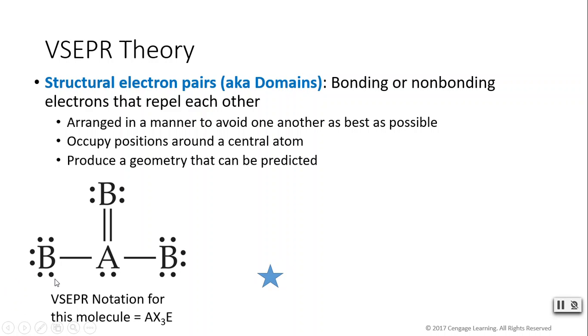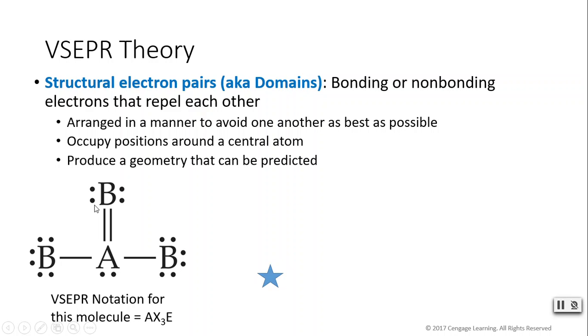So from a particular Lewis dot structure, if we know the number of bonding and non-bonding domains on that central atom, we can write something called a VSEPR notation that can be linked to a molecular geometry. This example uses A's and B's.